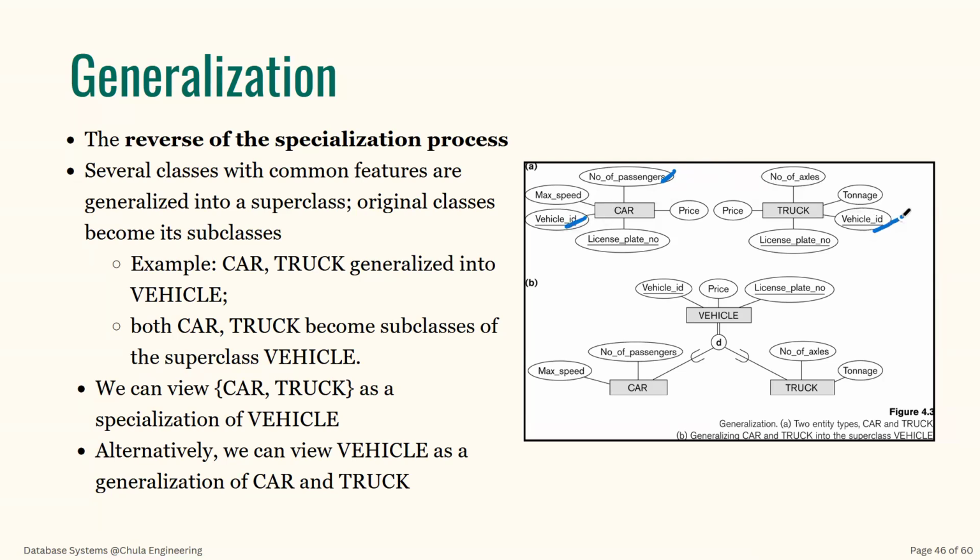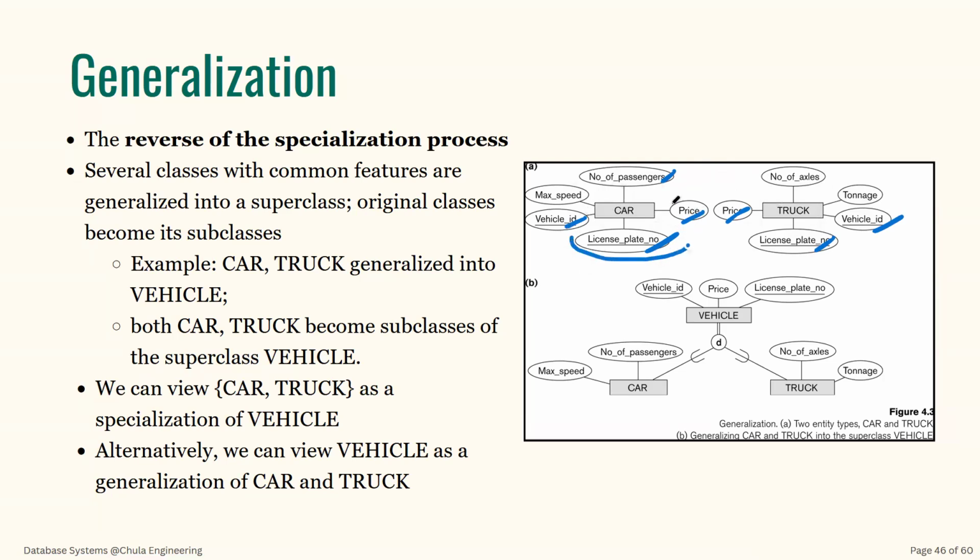Truck also has vehicle ID. Car has license plate number. Truck also has license plate number. Now, car has price. Truck also has price. But truck has number of axles and tonnage. But car has number of passengers and max speed.